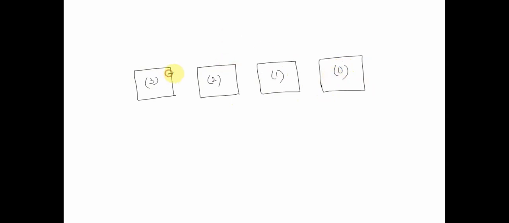So this is Q3, Q2, Q1, Q0. This is the input: D3, input D2, input D1, input D0.